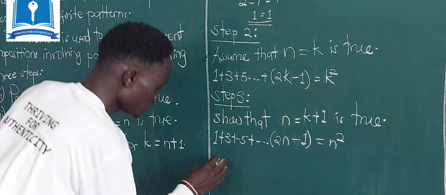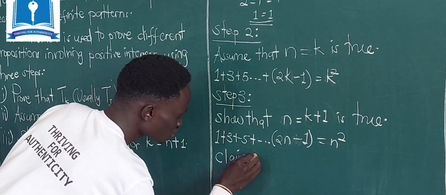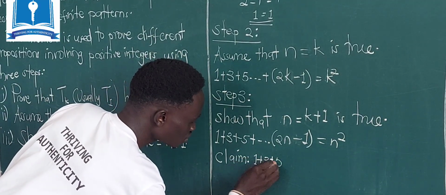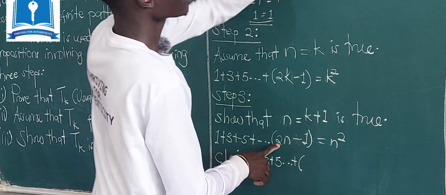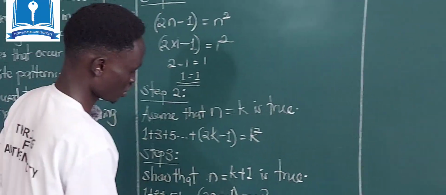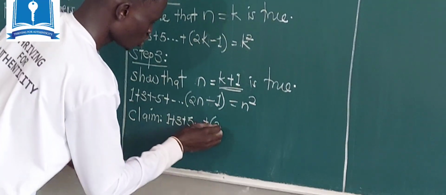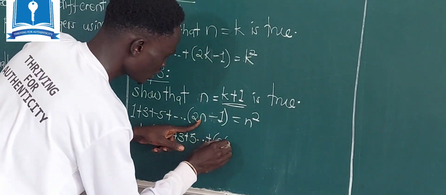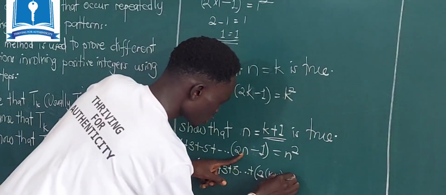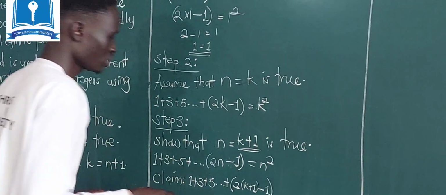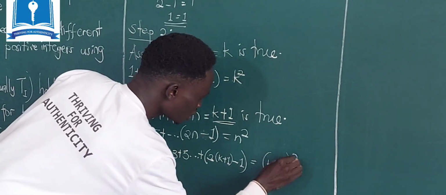So now let us put the claim. Let us put every value of n with k plus 1. It will be 2 times k plus 1, then minus 1, equals k plus 1 squared.